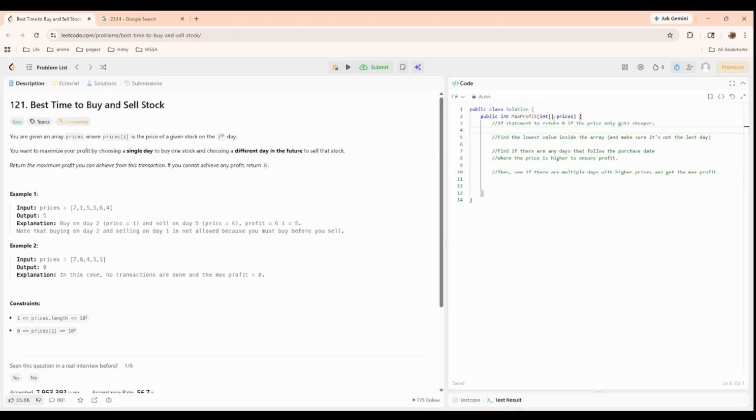Okay, so why don't I start writing something that is not in green? So, if statement to return 0 if the price only gets cheaper. How do I write that in code? Well, if... I don't know.